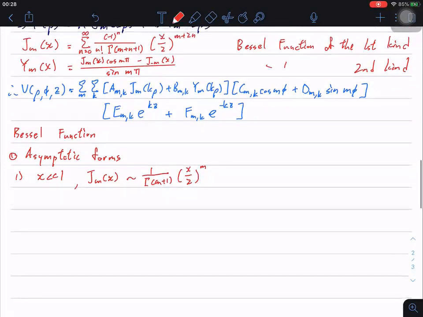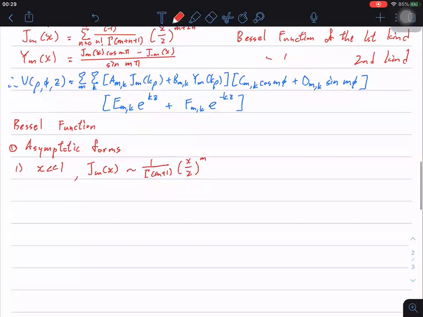Basically, use the original power series form, and since for small x the lowest order will dominate, you just get rid of all the higher order terms and are left with the lowest order. So you'll find that when x is close to 0, Jm behaves fairly well. It tends to 0.